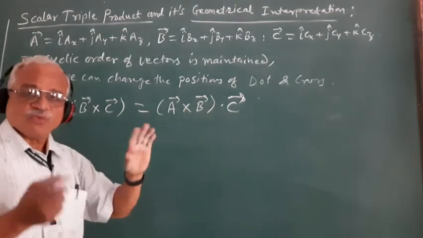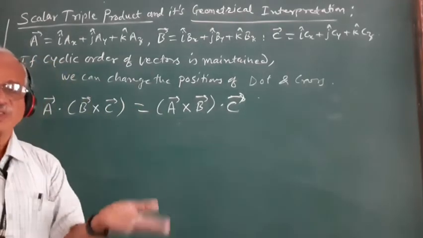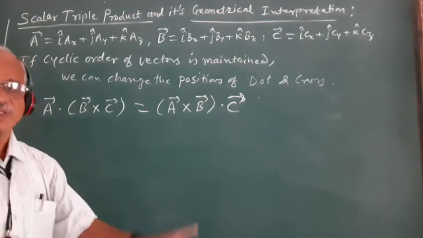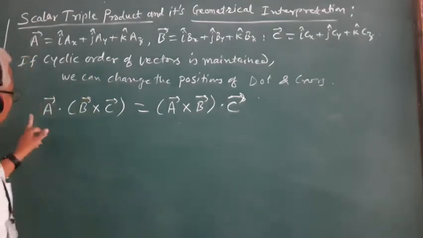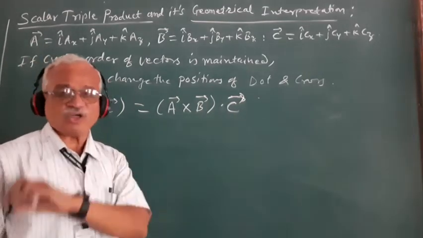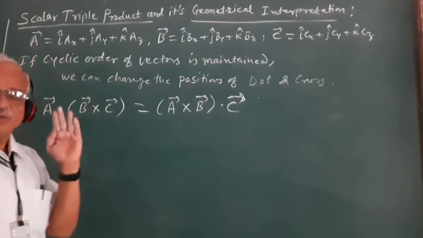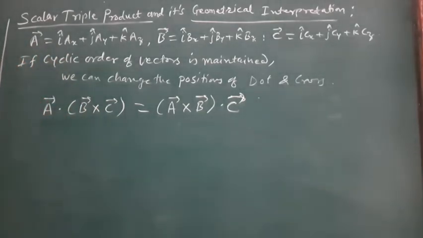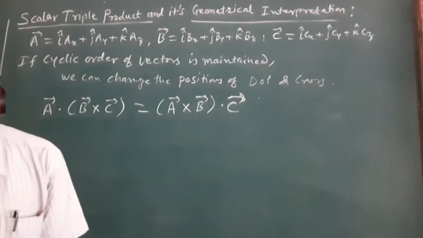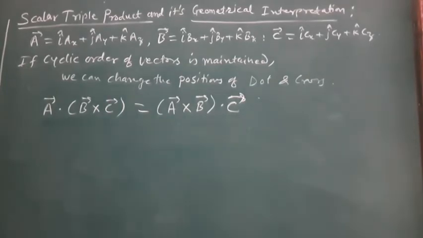Even if we interchange the positions of dot and cross by maintaining the order of the vectors, the scalar product works out to be one and the same. So that is another law obeyed by the scalar product.